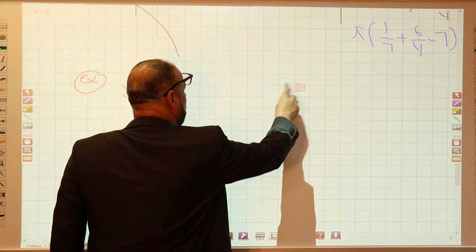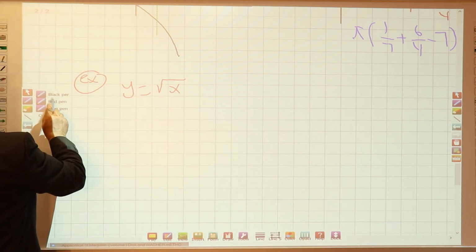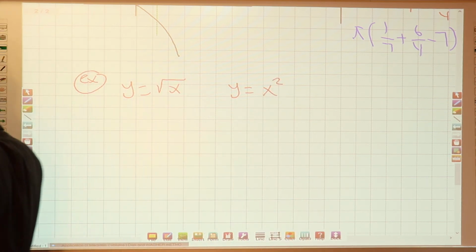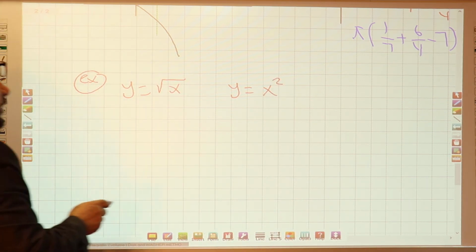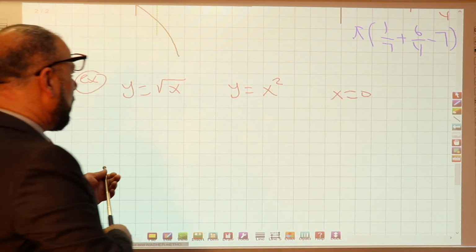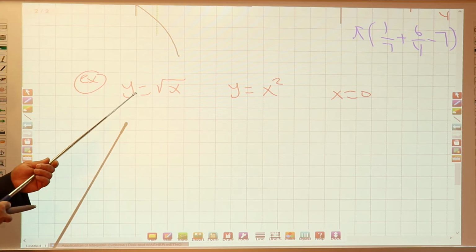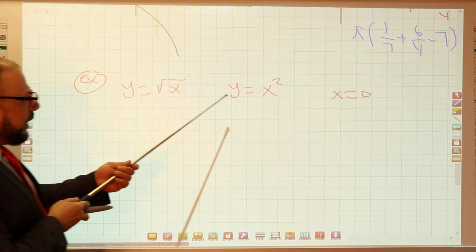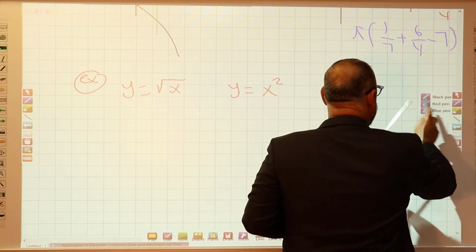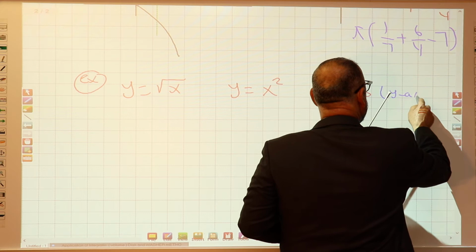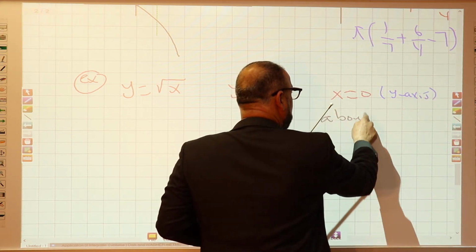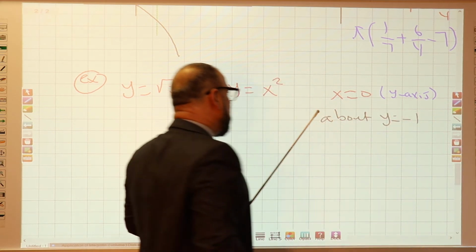We need to find the boundary: y equals square root of x, y equals x squared, and x equals 0, which is the y-axis. I need to revolve the area between them about y equals -1.